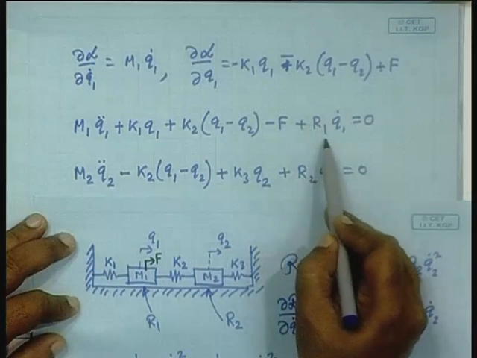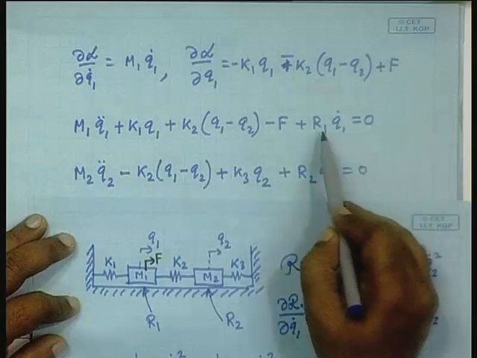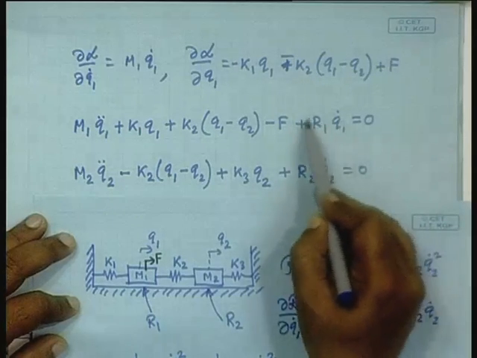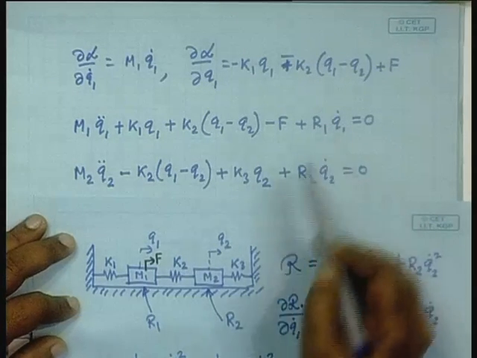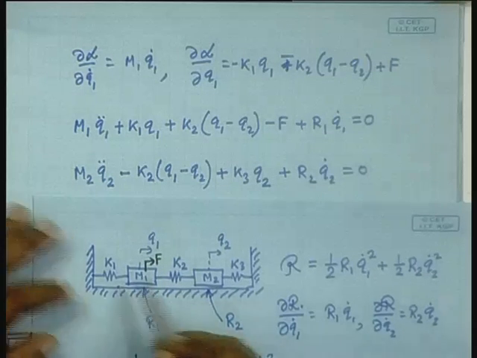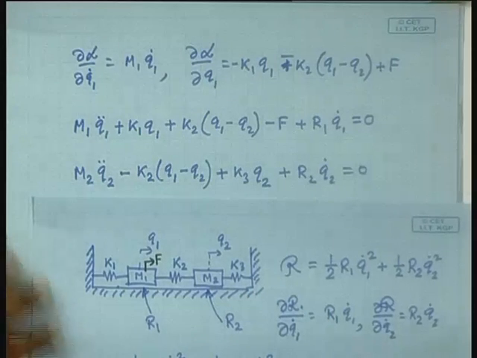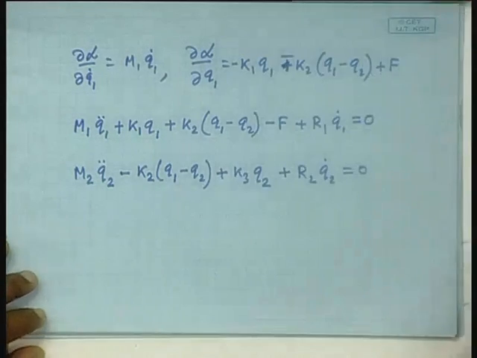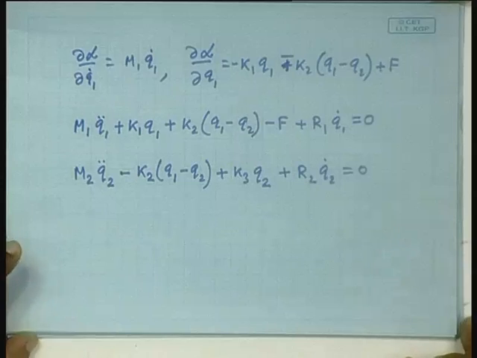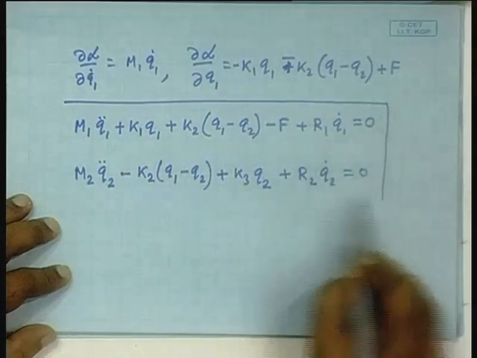If you bring it to this side, F will be positive and this fellow is negative. So, this is acting in the direction opposite to the force, this fellow is moving in this direction. So, this is also acting in this direction, right. So, that has got the sense correct. Fine. So, these are then the final two equations for these coordinates.